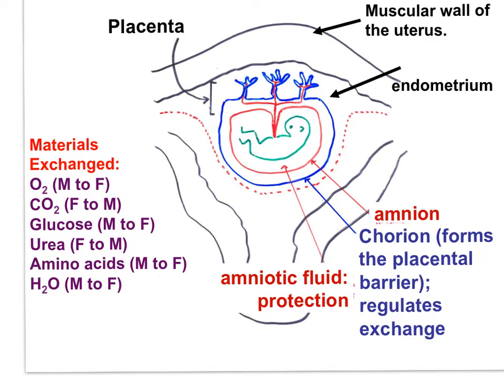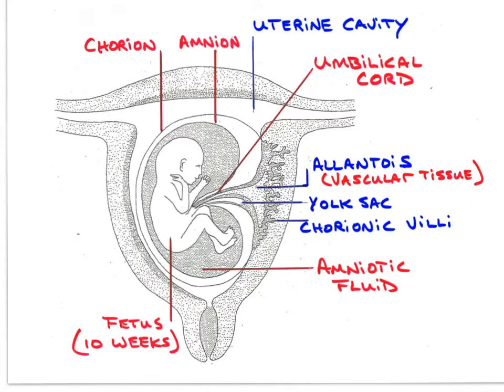The amnion tissue layer in red forms the umbilical cord and encloses the fetus in a fluid-filled sac that protects the fetus. In this diagram, we can see the developing fetus within the fluid-filled amniotic sac that protects the fetus from bumps that might occur as the mother goes about daily life.